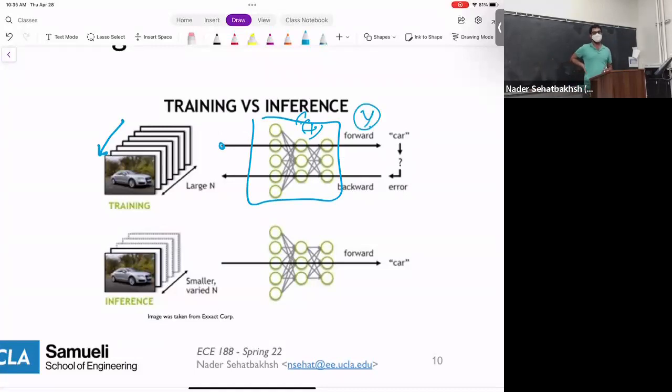And then we need what's called back propagation to measure how accurate this estimation was, and then try to fix the error, reducing the error of the system so that the next time we give this image to the system, we get a better result.